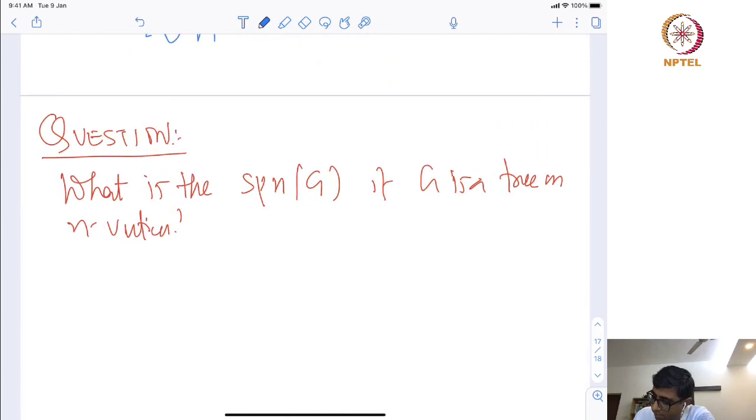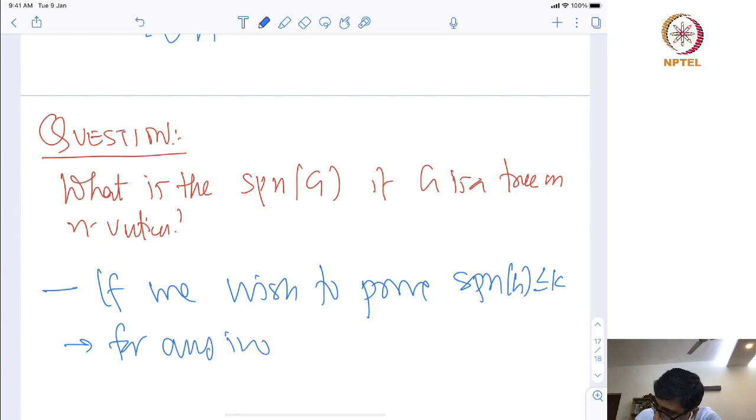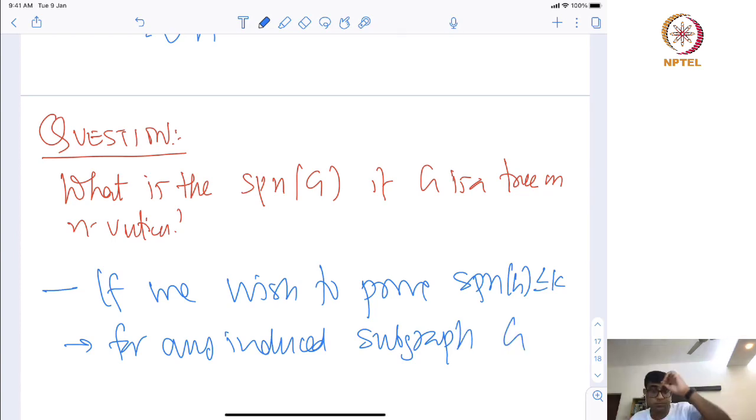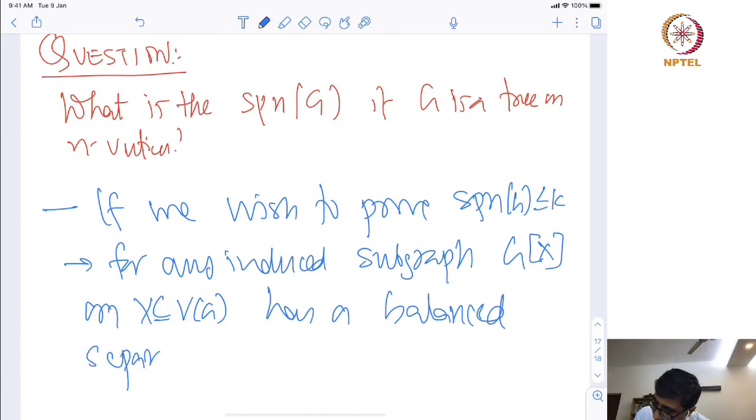If we wish to prove that the separation number of G is at most k, we should show that any induced subgraph of G on X, a subset of V(G), has a balanced separator of size at most k.